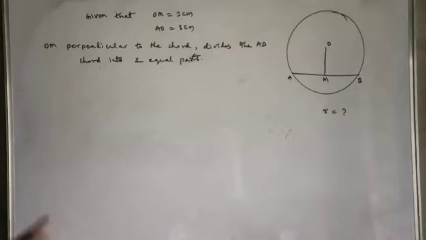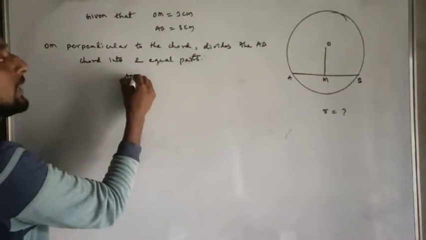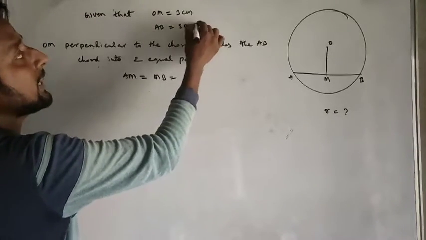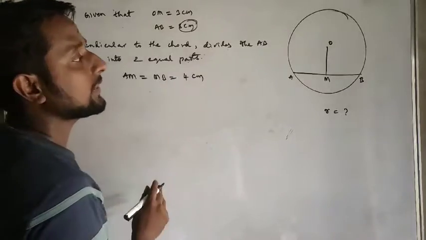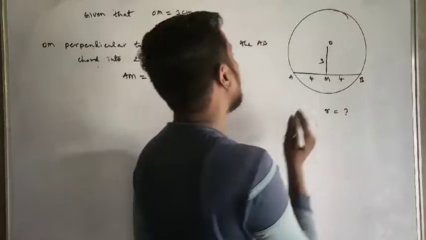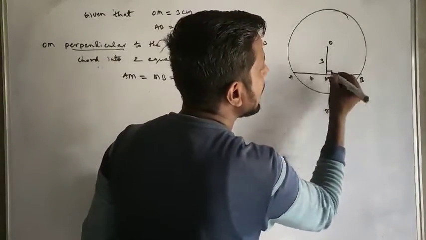Am I right? So I'll write AM is equal to MB, but the total length is 8. If you divide 8 into 2 equal parts, each length is 4. 4, 4, and this is 3, and it's perpendicular, so it's making a 90 degree angle.